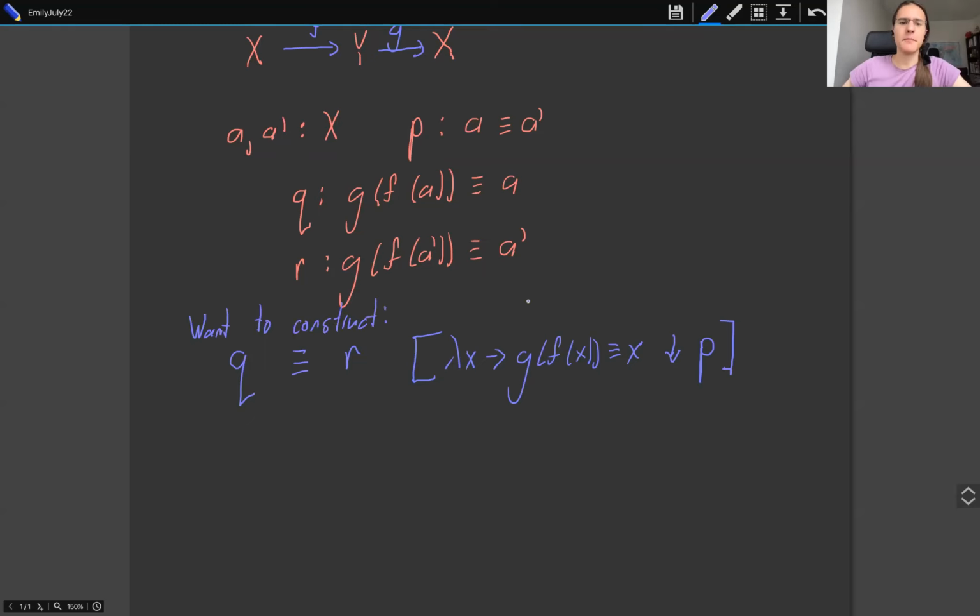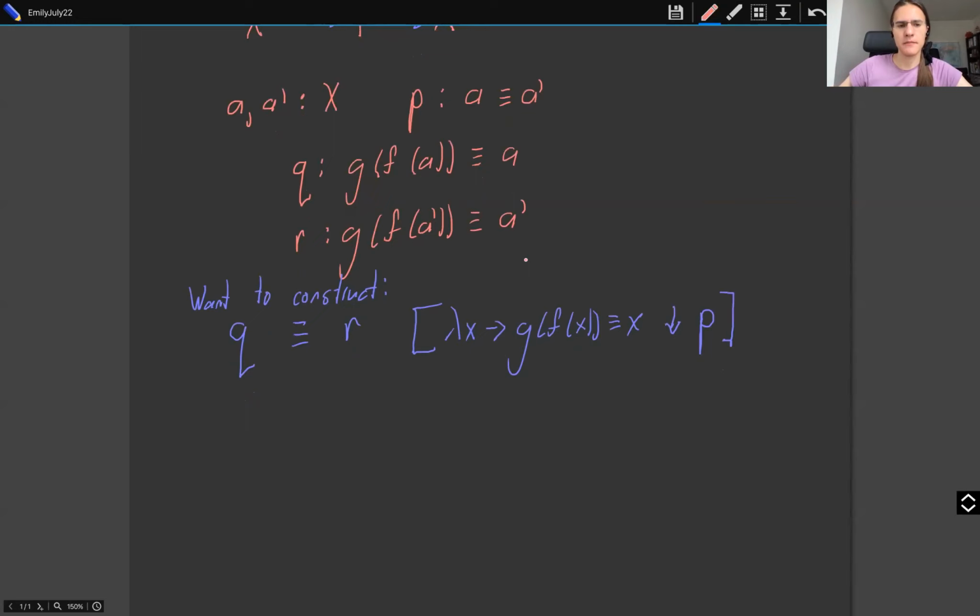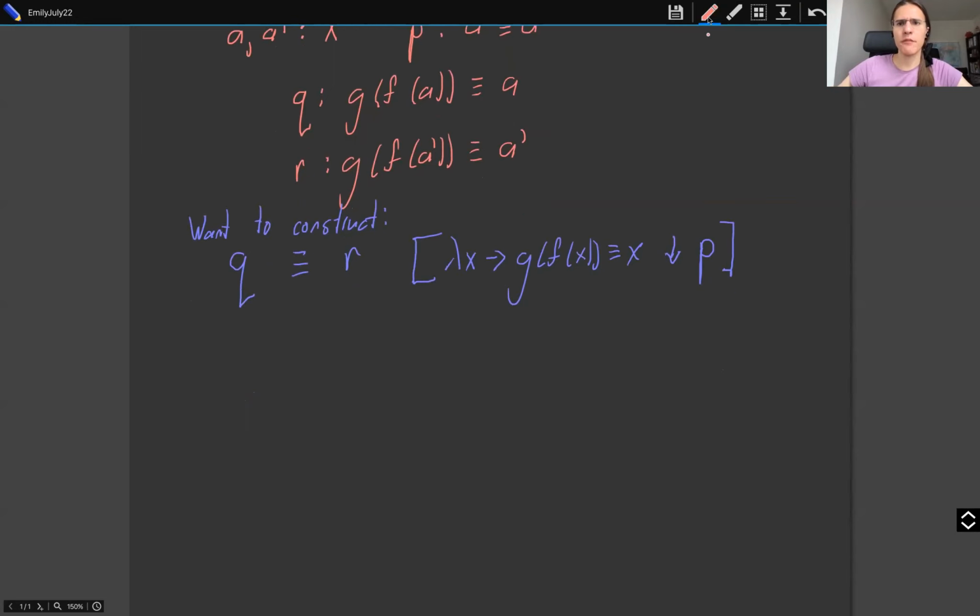But I'm going to claim that we can characterize it in a different way using path induction. And so let's see what that should be. So if we sort of imagine our space, I'm not sure if this is going to be helpful.